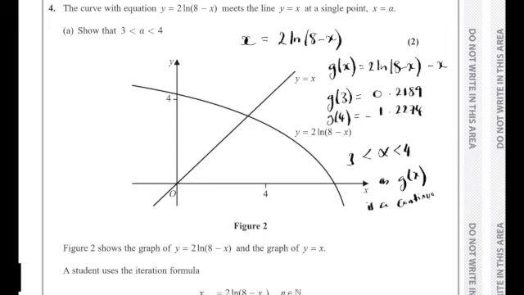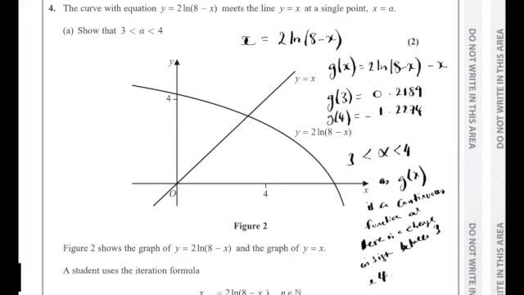That's important that we say that. And there is a change in sign between 3 and 4.